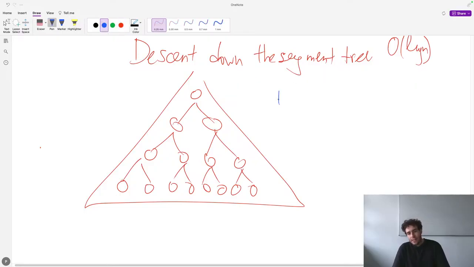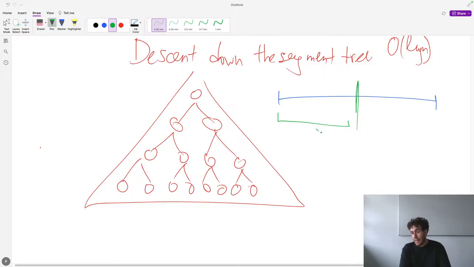How would I do that if my array is static, I have prefix sums, and I do binary search? I break my array into two halves. I look at the sum in the left half. If there are at least k ones, then the kth one is here. If there are fewer than k, then I need to go to the right and search for the kth one there. This is binary search.